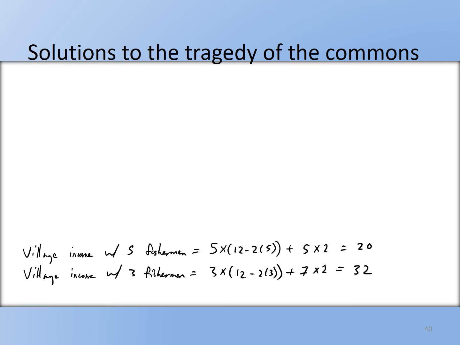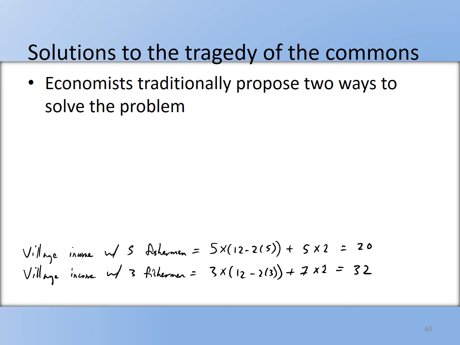Okay, so it's clearly better to have fewer fishermen because of the diminishing return. The more fishermen there are, the less each of them earns. It's much better if there are fewer fishermen so that they each earn more.